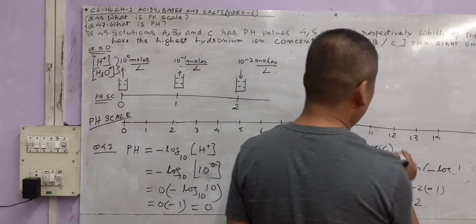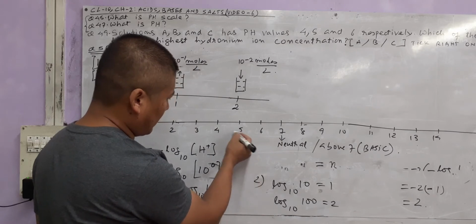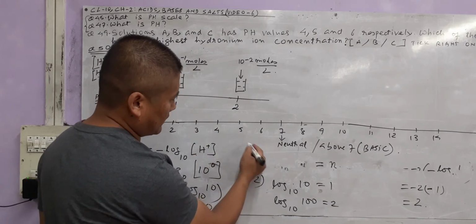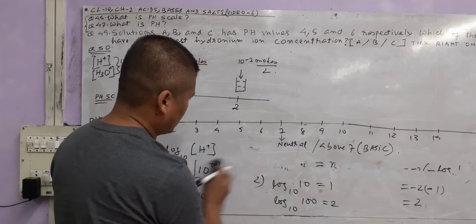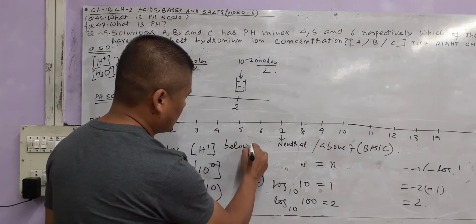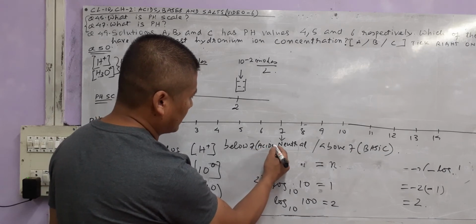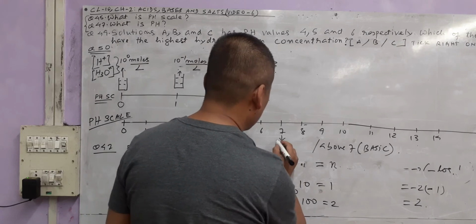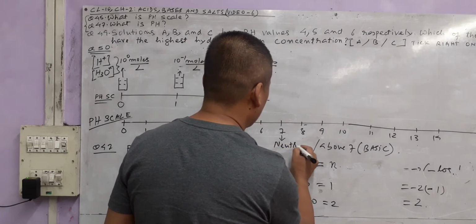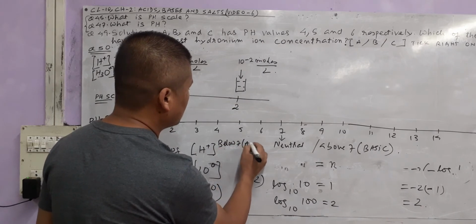Basic means it's a base. And anything below 7, 6.9, 6.653, the lower it goes below 7, let us write it here, below 7 pH is always acid or acidic.